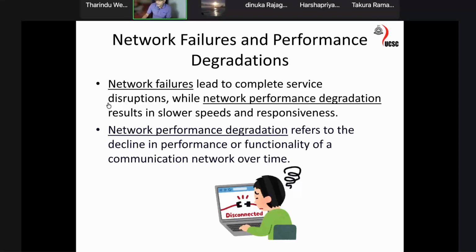For example, let's say you have a fiber to home connection to your home from Sri Lanka Telecom, and you are running 3 applications there: the IPTV, PEOTV application, a voice application for normal telephone calls, and the internet application.